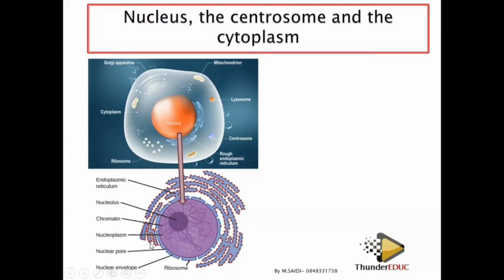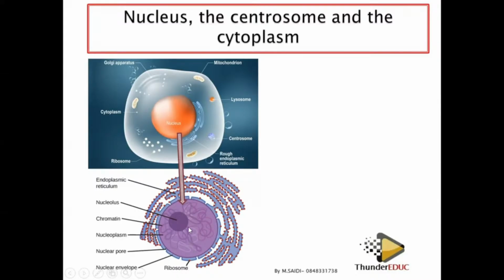It has the nuclear pores, the holes where substances go through, most especially messenger RNA in this case. Then you have the nucleoplasm, the fluid of the nucleus. The nuclear envelope is what you call the nuclear membrane.